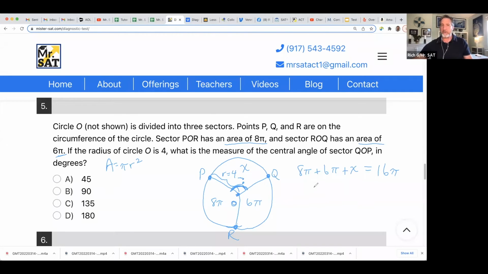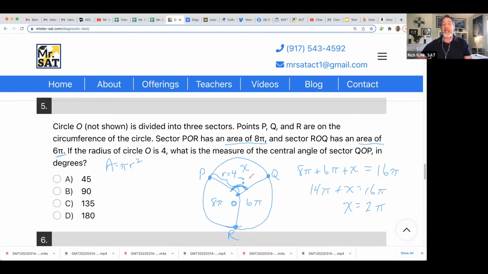Let's combine terms. 14 pi plus X equals 16 pi. Now I'm going to subtract 14 pi from both sides. X equals 2 pi.